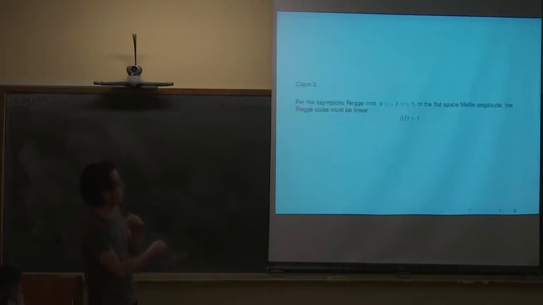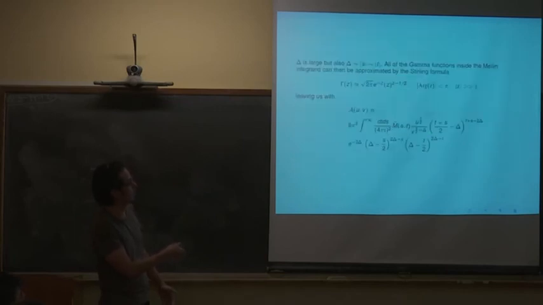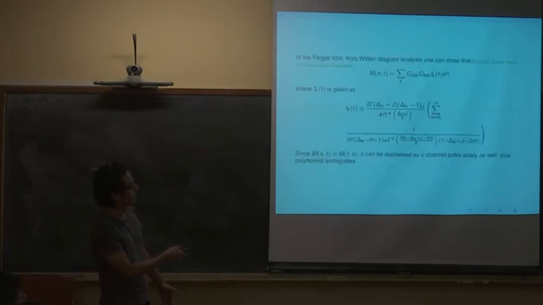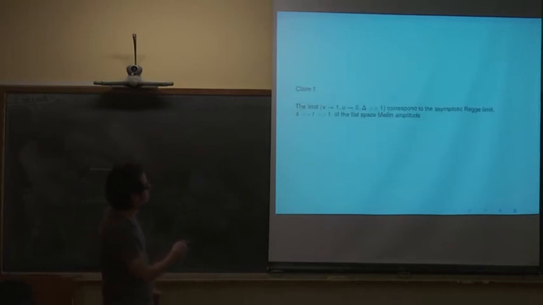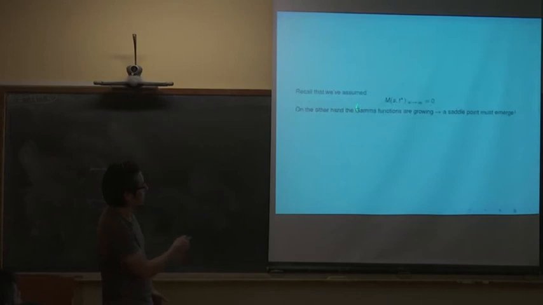Now we're going to argue that in this limit, the Mellin amplitude has a Regge slope that must be linear. The proof is, recall that we've assumed this. Since the Mellin amplitude for some fixed T is going to 0, but remember there's a product of gamma functions that multiplies the Mellin amplitude, which is a function of S. In large S, obviously the gamma function is increasing.